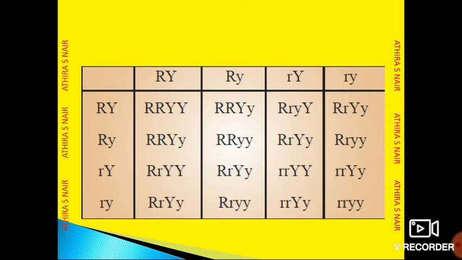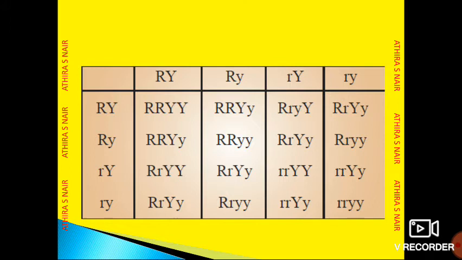Like that, you can count how many progenies are showing round yellow seeds, how many are showing round green seeds, and how many are showing wrinkled yellow seeds.